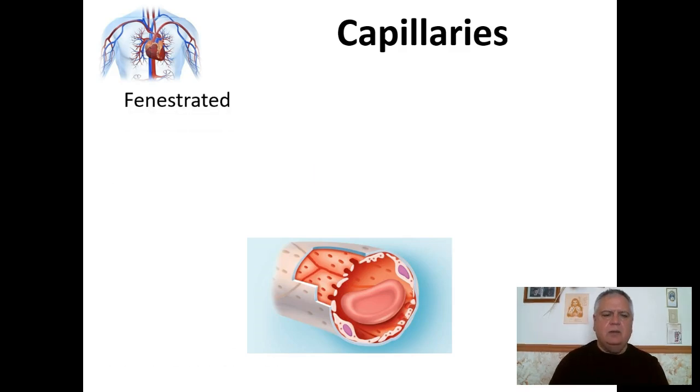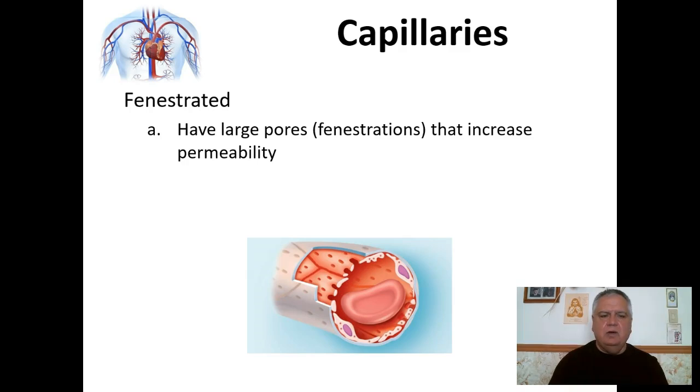Okay, our next type of capillary is called a fenestrated capillary. Fenestrated capillaries have large pores in them, or fenestrations, and these help to increase the permeability of the capillary to allow greater osmosis and diffusion of nutrients, osmosis, delivery of water to the tissues, and diffusion, delivery of nutrients to the tissues, and the exchange of those nutrients with waste products.